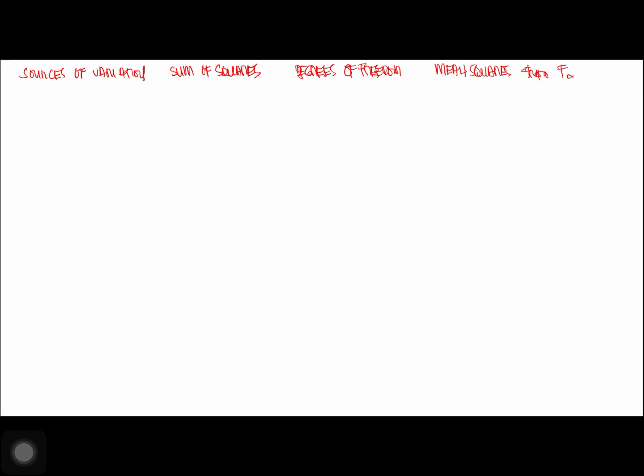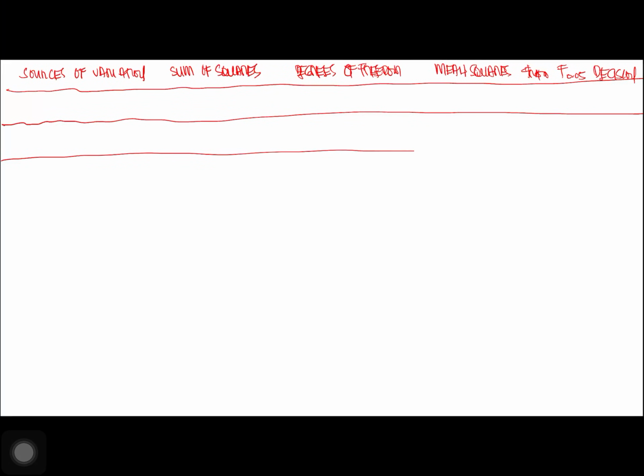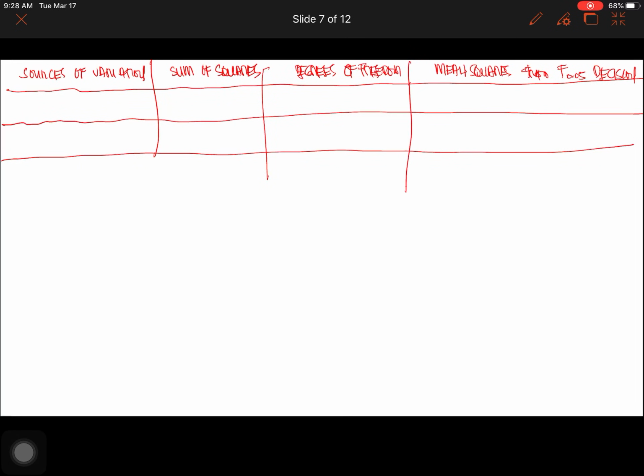Then the F ratio, or the computed value of F at 0.05, and then our decision. Okay? This is for our table. Okay? So, for the first row, this will be for the between. Then this will be for the within, the second row. And then we have here our total.